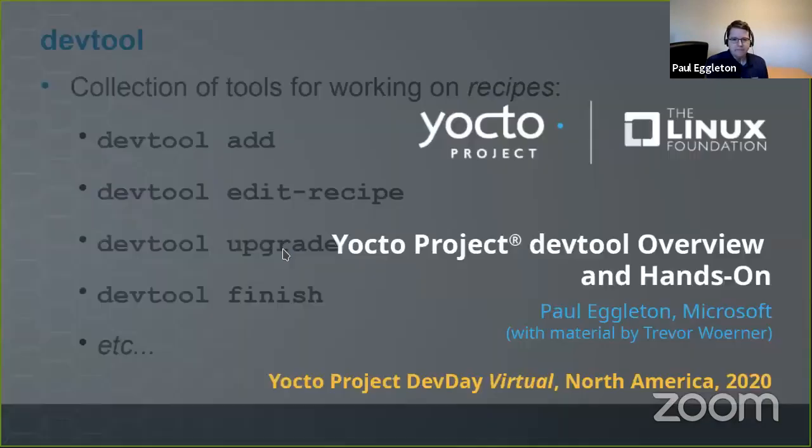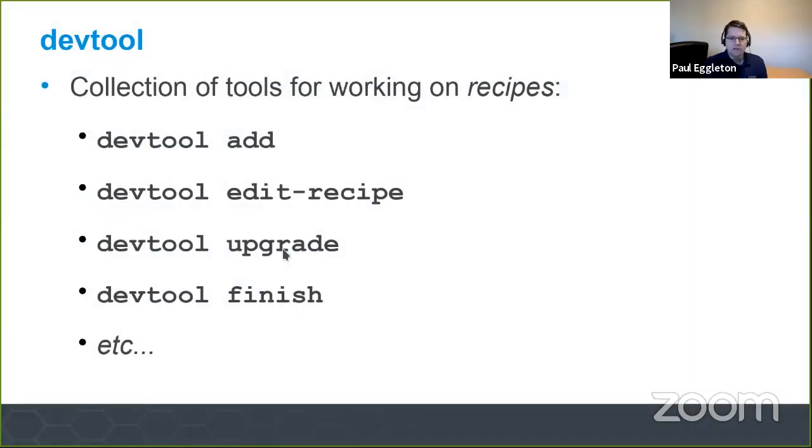So, what actually is devtool? It's kind of a Swiss Army knife set of tools for working on recipes and the associated source tree. So we saw devtool add just in the last presentation for creating a new recipe corresponding to some source tree that you've got, or an upstream software package. devtool edit-recipe lets you quickly bring up your favorite editor on a recipe file.